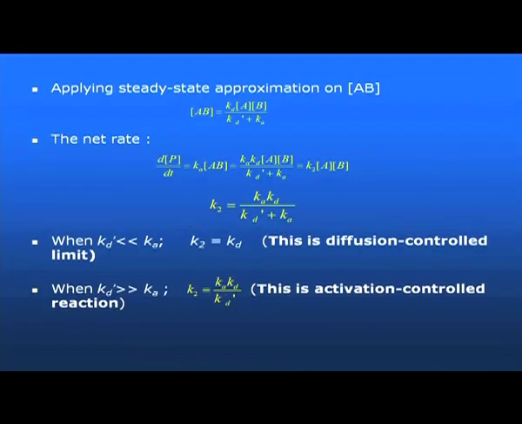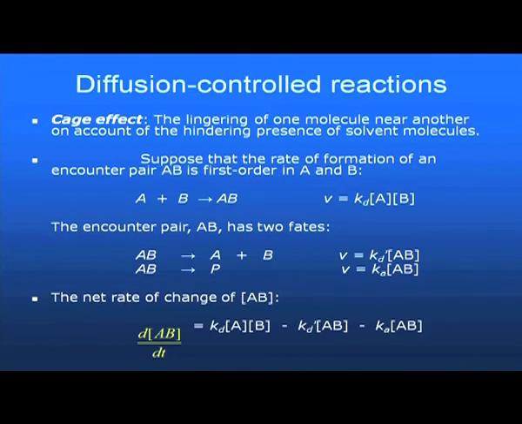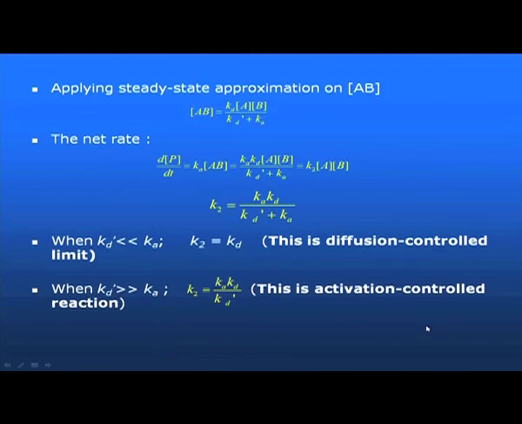So we have to apply the steady state approximation, that means you should put this equal to 0. After applying it, the concentration of AB is Kd A B divided by Kd primed plus Ka.